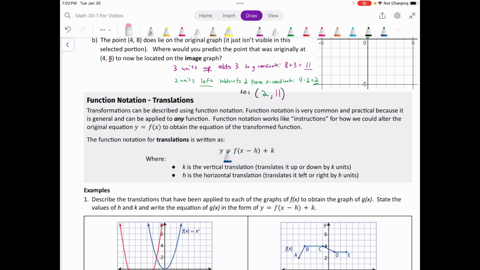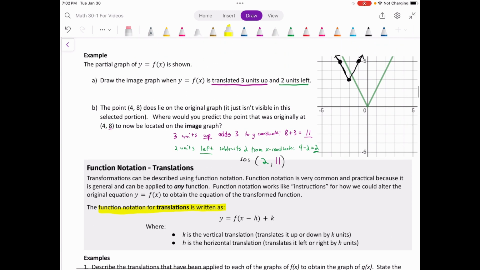This is what we call function notation. This one just describes translations that could happen. It's literally instructions on what you need to do to the original equation in order to get the equation of the transformed function.